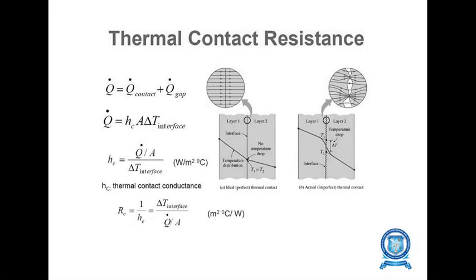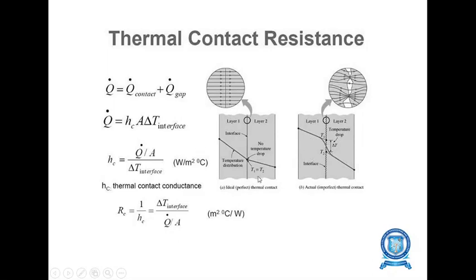In the diagram, the interface is shown. In the first diagram, it is a perfect mating, that is, a perfect thermal contact. There is no gap present. It is ideal. The temperature distribution from T1 to T2 is normal. But in the case of imperfect thermal contact, there is a temperature drop in the gap itself.